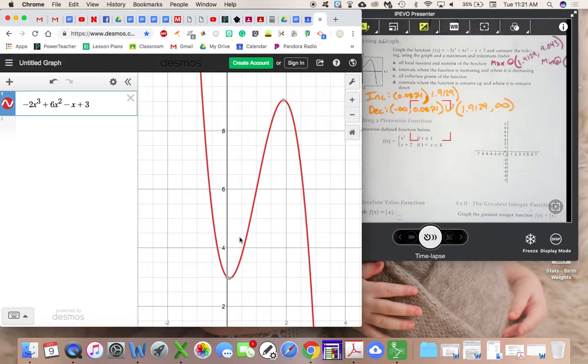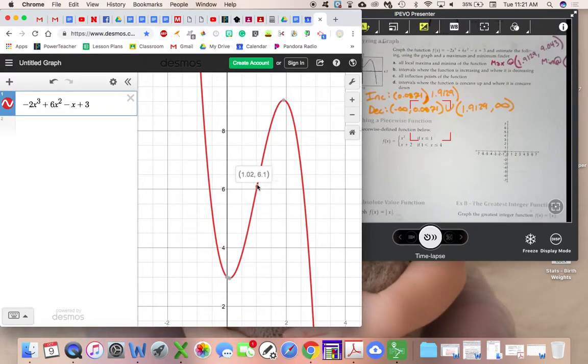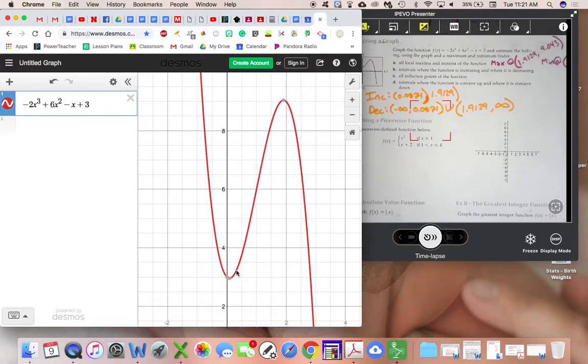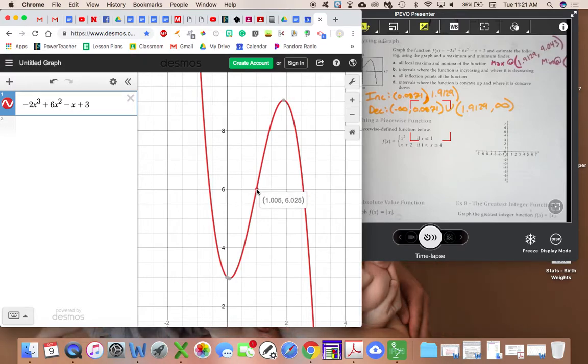Now, on C, they want us to label all inflection points in the function. Oh man, they're not telling me where the inflection points are. Okay, I don't know where we're gonna drop him.